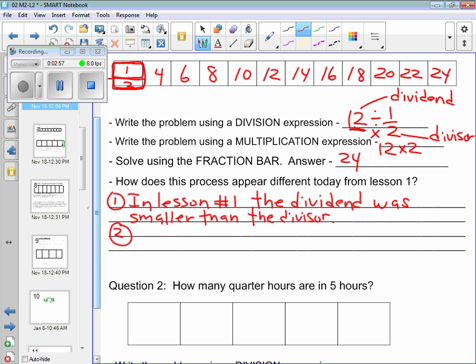In lesson 2, the one that we're doing here, the dividend's larger. So 12 is greater than 1/2, whereas in lesson 1, the 1/2 was represented by the dividend, and that was smaller.